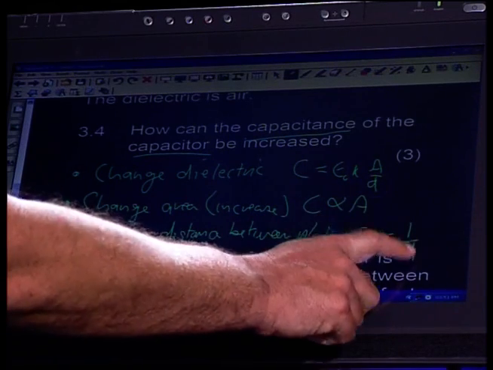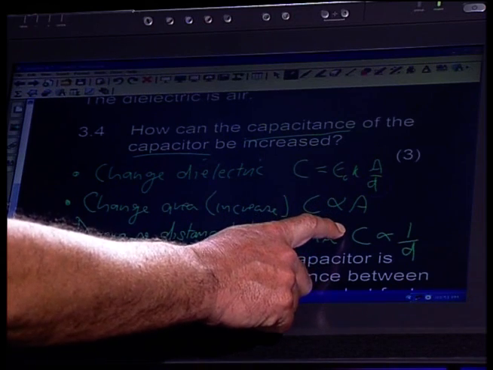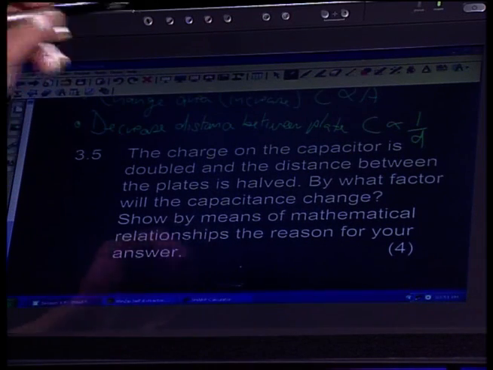If you quarter the distance, you're going to multiply the capacitance by 4 times. And there's the last question.